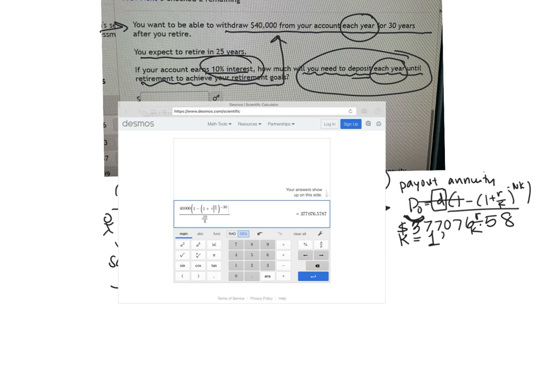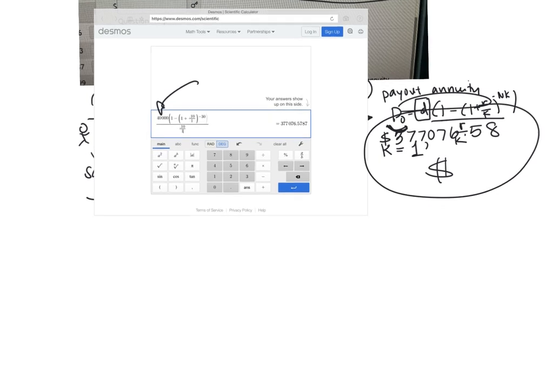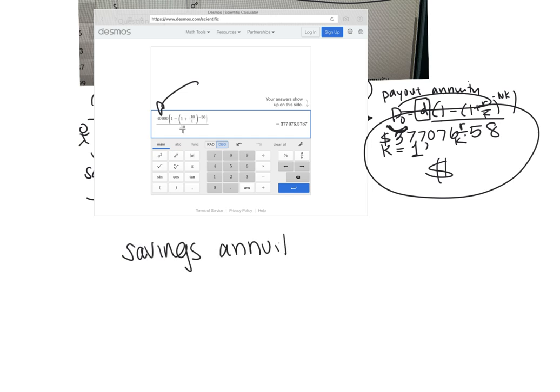That's what we need to have in that pot of money when we retire if our goal is to have $40,000 every year. So then we ask, how much do we have to save? In our savings annuity, that's pre-retirement, we want to have that amount of money, and we want to figure out what our deposits need to be.